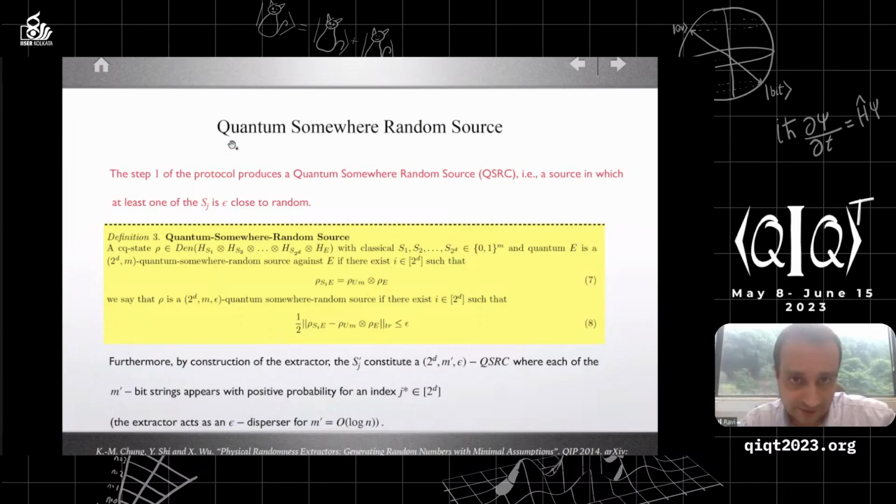This idea is called constructing a somewhere random source. It has been used in the literature on randomness extractors, both classically and quantumly.